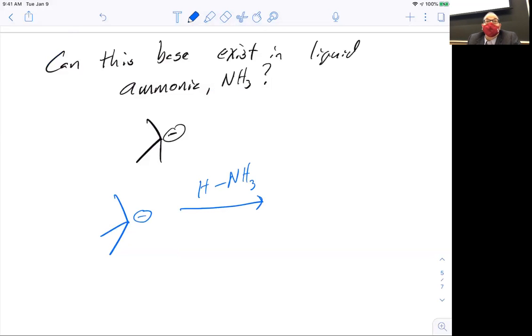So the things I'd be watching for are solvents that have protons and solvents that have electrophilic positions, because this is a potential base or nucleophile, right? So then the question is, is this a potential acid or electrophile?